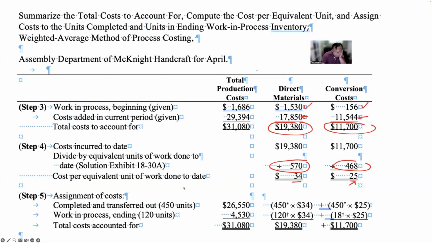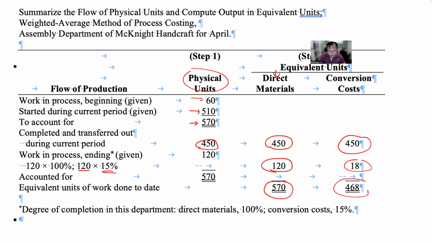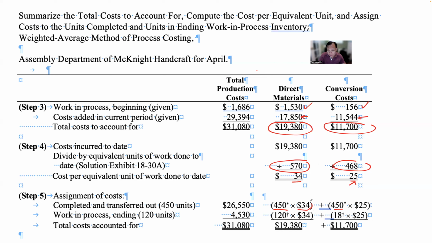Therefore, I need to calculate the cost for those completed and transferred out. These are the 450 units, completed and transferred out, and I know their cost. Materials cost is 34, conversion cost is 25.